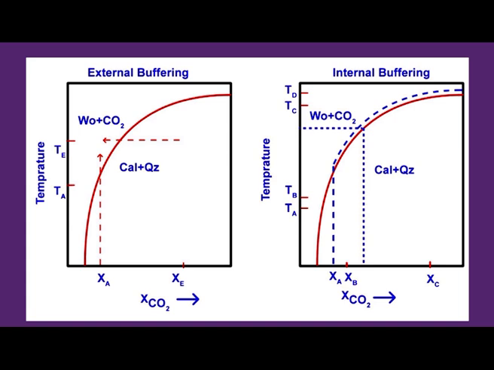The reaction calcite plus quartz give rise to wollastonite plus CO2 is explained by the T-XCO2 plot, see figure. If the influx of fluid of composition XA continued as the rock was heated over the temperature range, the reaction will be completed at temperature TA.